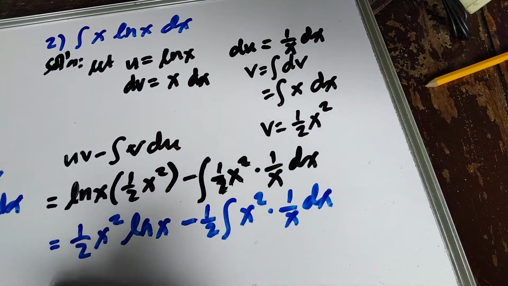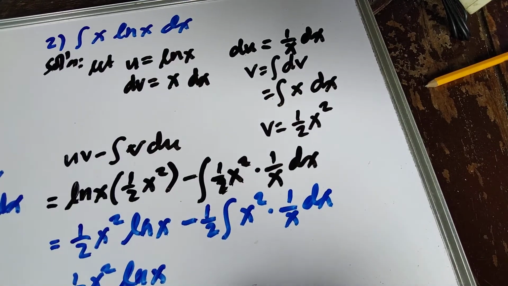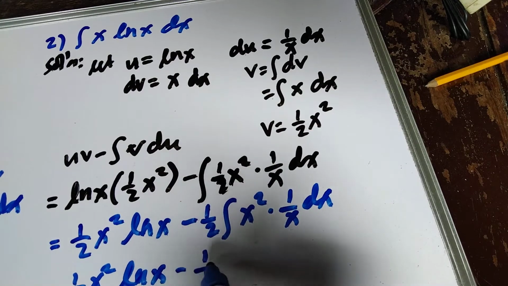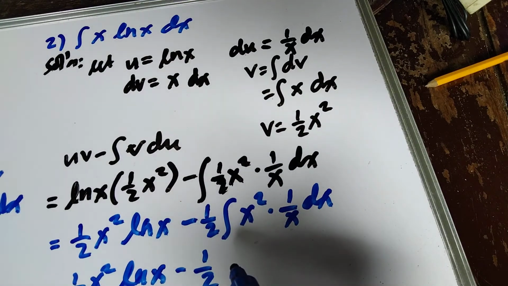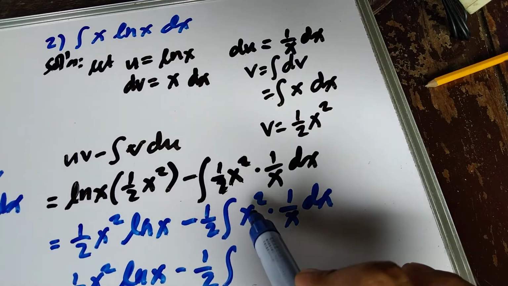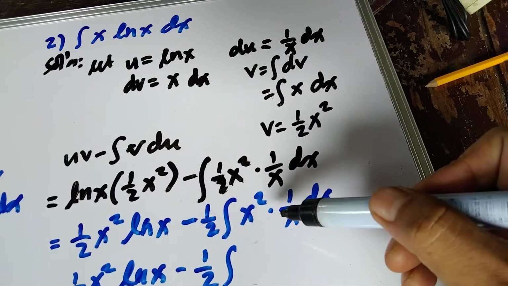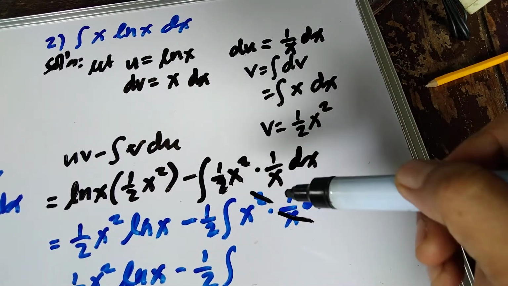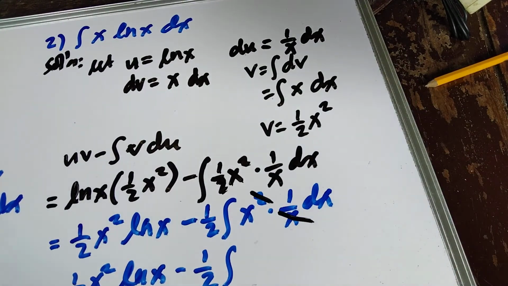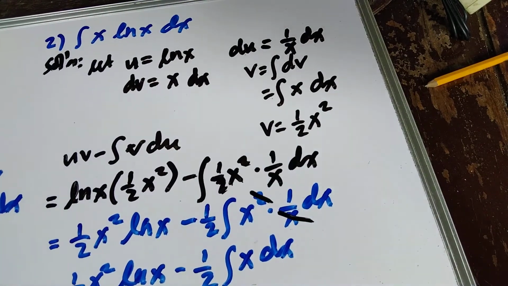So, simplify further, you have 1/2 x squared ln of x minus 1/2. Look at x squared and x. We could cancel x, so x is what remains there. You have the integral of x dx.